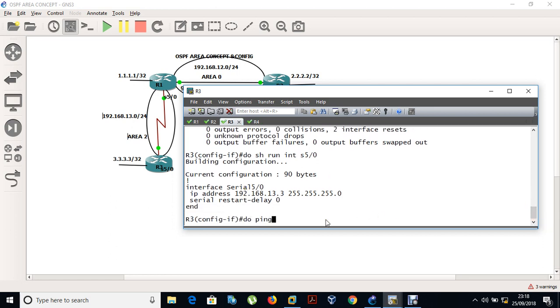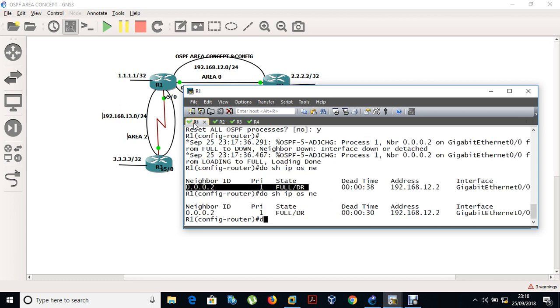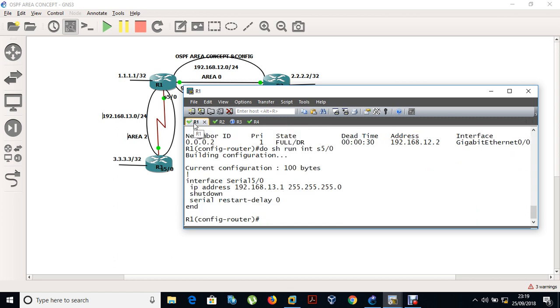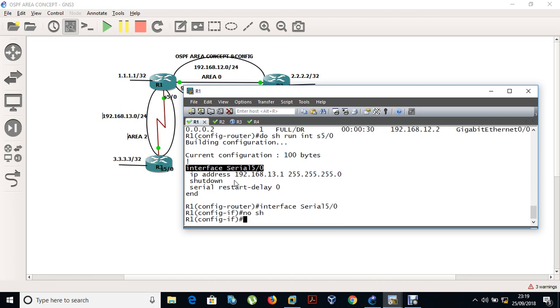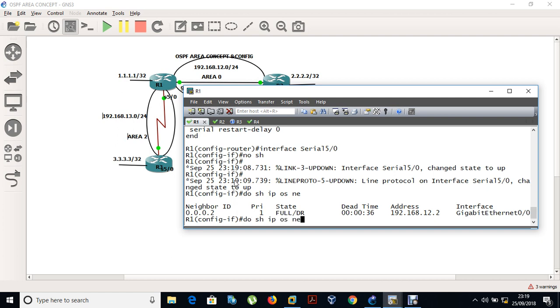So let me try if I can ping on R1. I cannot, because R1 has a problem. Do show run interface serial 5/0. So still it's shut down. I thought I said no shutdown. Yeah, now it comes up. Okay, now it should be two-way. Now it's not coming up.